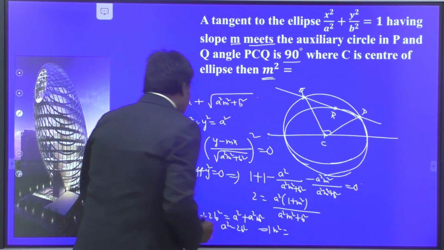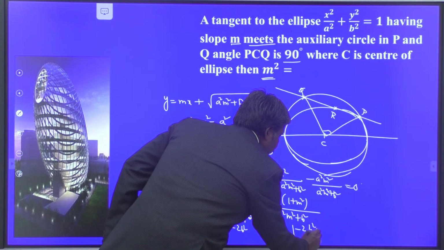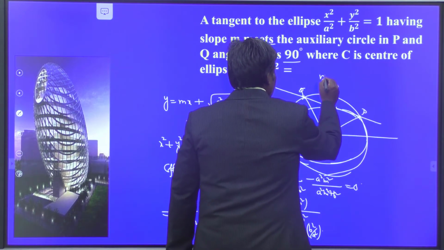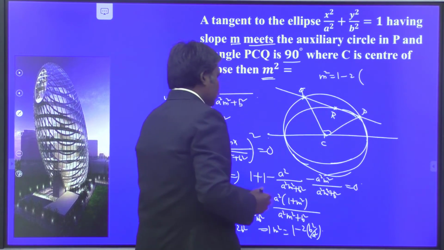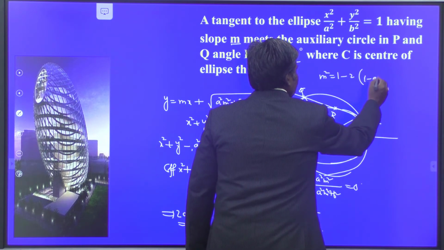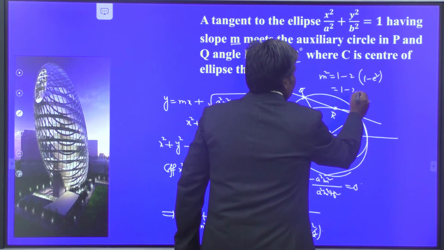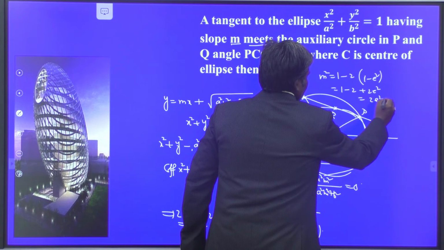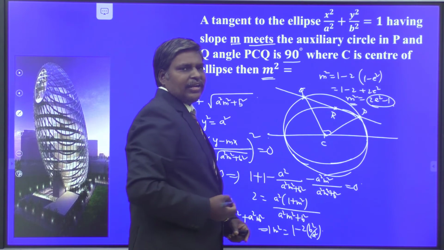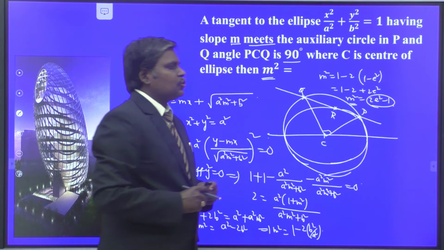Your m square is nothing but a square by a square, 1 minus 2b square by a square. So I am simplifying here. Your m square is nothing but 1 minus 2 times of b square by a square. B square equal to a square into 1 minus e square. So this is nothing but 1 minus 2 plus 2e square, or 2e square minus 1. This is your m square. Since b square is equal to a square into 1 minus e square is there, so substitute the value here itself. We obtain the value of m square as 2e square minus 1.